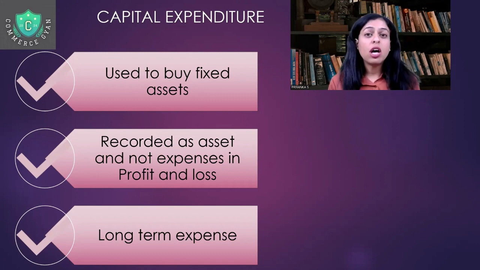This is according to the accounting period concept, right? The accounting period concept says that we have to take into consideration only expenses that are relevant and related to that financial year. So if I'm buying furniture which is going to be used by the business for the next 10 years, only 1/10 of that expenditure will be a relevant expense for this financial year. That is what I need to remember.